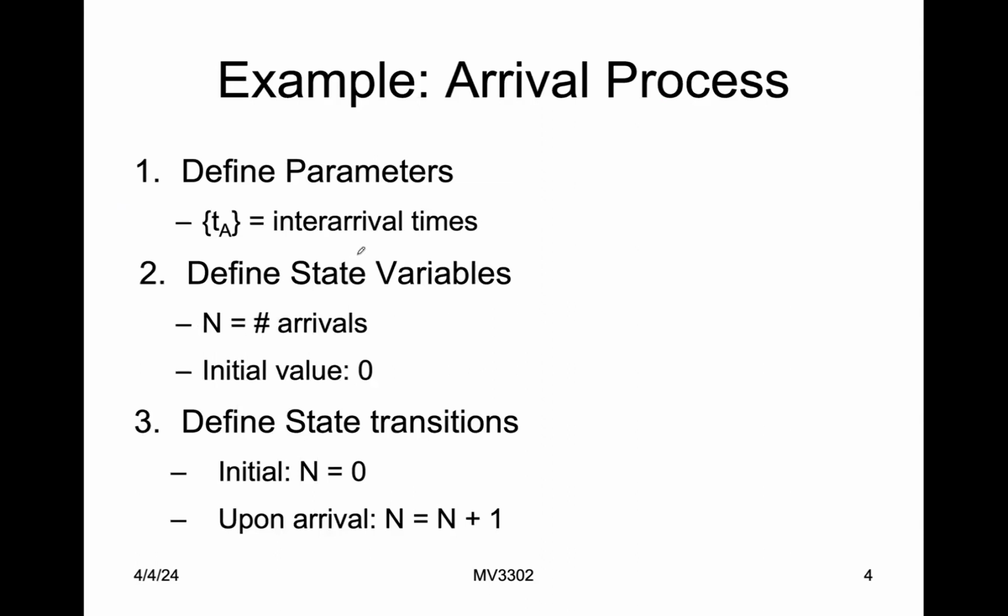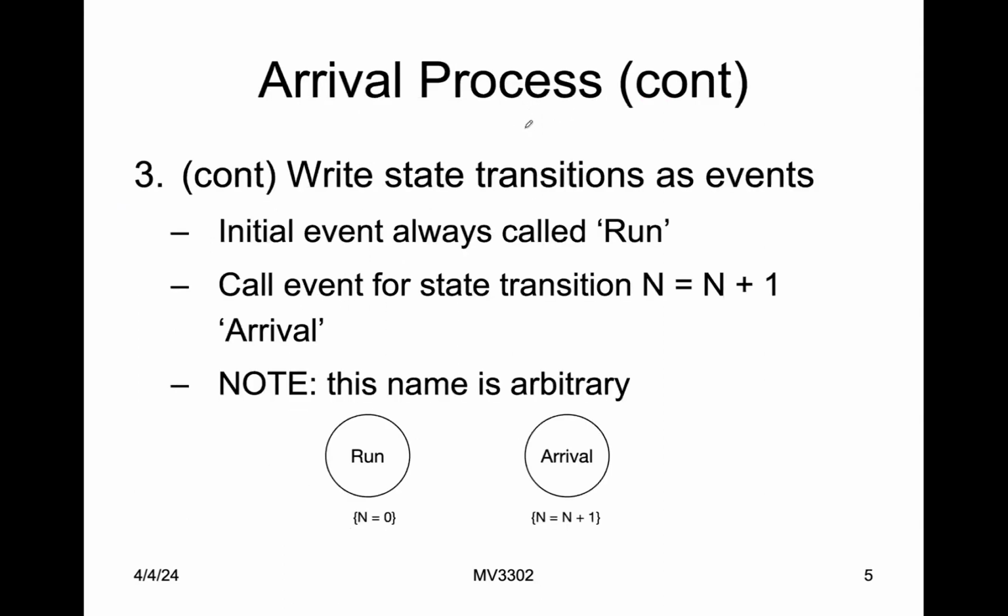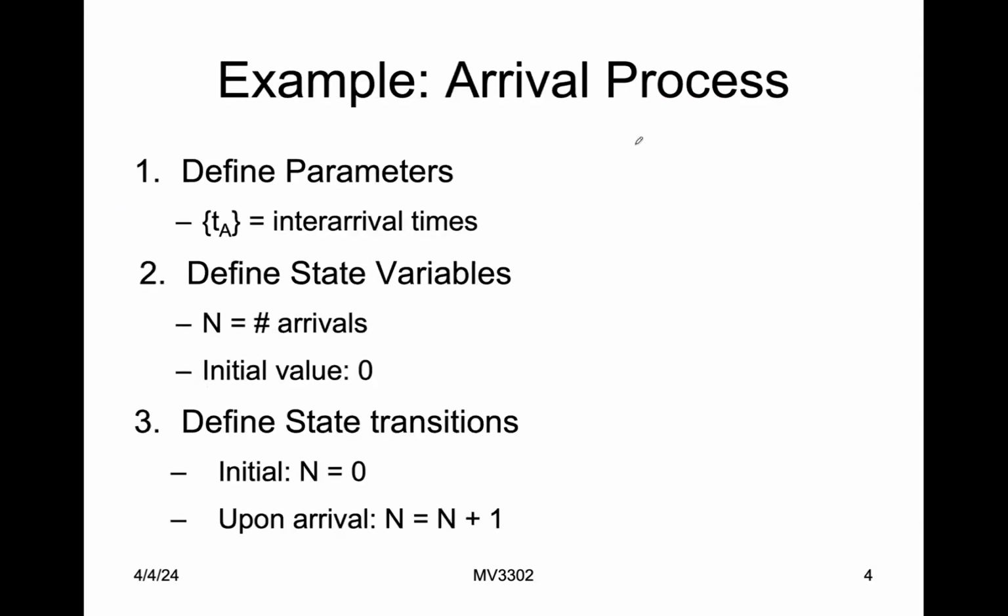So, these examples are in the slides, but I want to do this a little bit more live for you, just to show. So here's our arrival process. We first define our parameters, and our parameters are going to be this list of inter-arrival times.